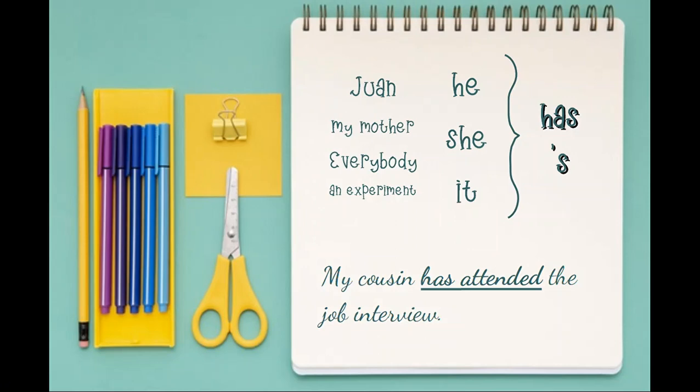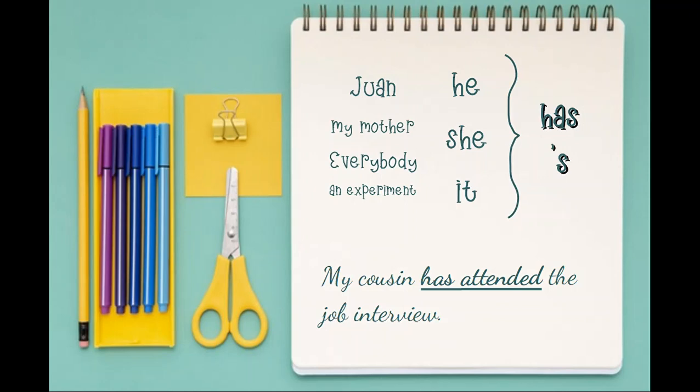We use he, she, or it with has. Or we can use Juan has, my mother has, everybody has, an experiment has. For example, my cousin has attended the job interview, or he's attended the job interview, or he has attended the job interview.